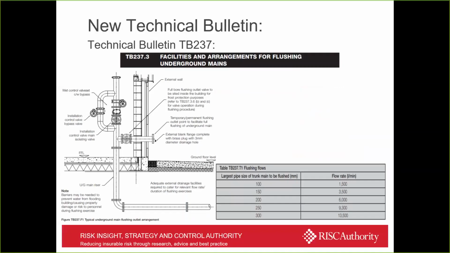We've shown a separate branch outlet below the control valve set there, discharging out through the outside wall. That's just one example. Each flushing outlet position would be project specific, depending on your circumstances on site. We're also including a table T1 showing you the flows to be run through the pipes at different sizes to ensure that flushing takes place adequately.